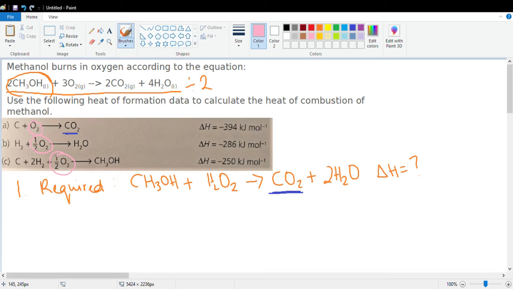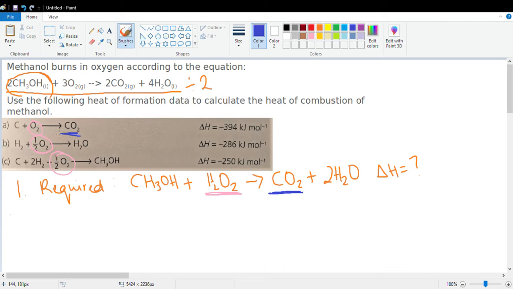That can be our test for if we're correct at the end or not. If we're finished this and we don't get 1.5 oxygens, we know we've gone wrong somewhere when we put all our equations together. So for now we're working on reaction A, and what we need from it is 1 carbon dioxide on the right hand side, and that's exactly what we've got.